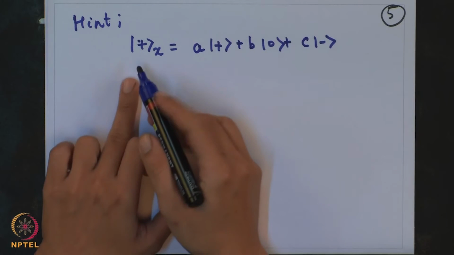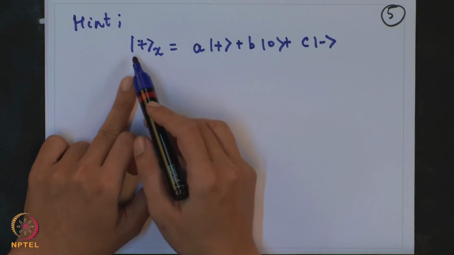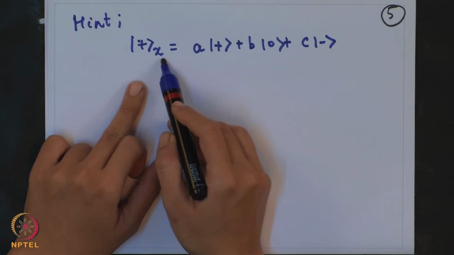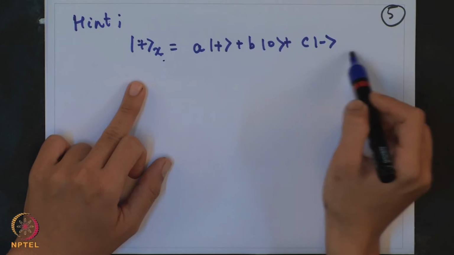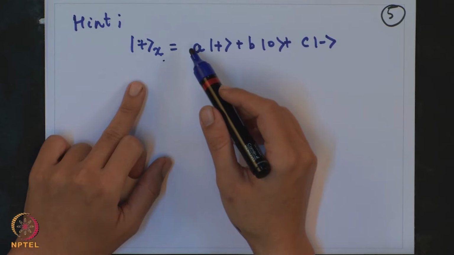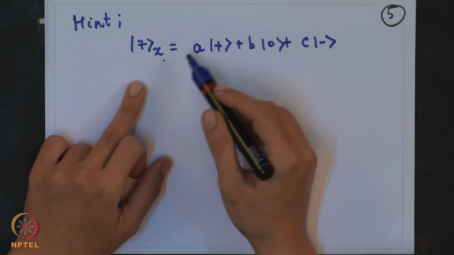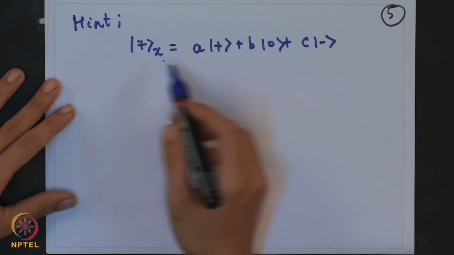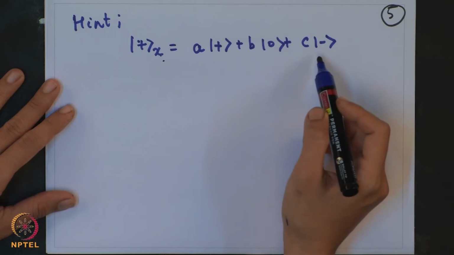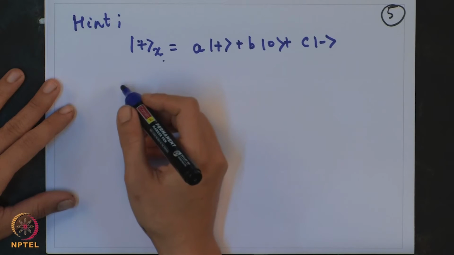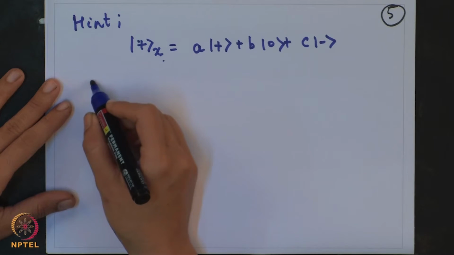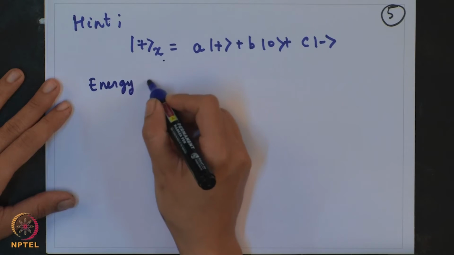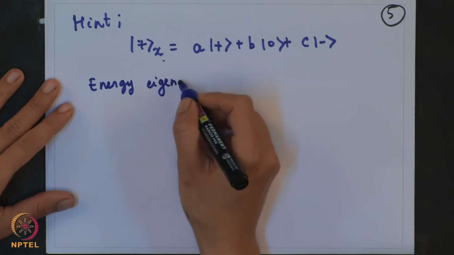Now, how will I obtain these coefficients A, B and C? Simply, what you can do is use the eigenvalue equation.